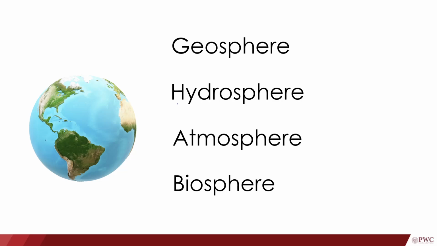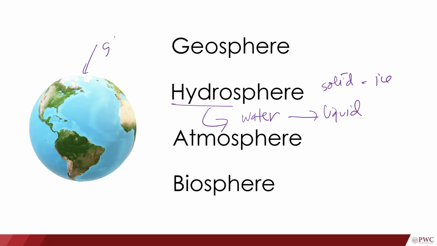Next, we have the hydrosphere. The word hydro means water. Of course, we can see water in the ocean, in rivers, in lakes. And water can be in three forms. It can be liquid, like what we normally see. Water can also be solid in the form of ice or glaciers.